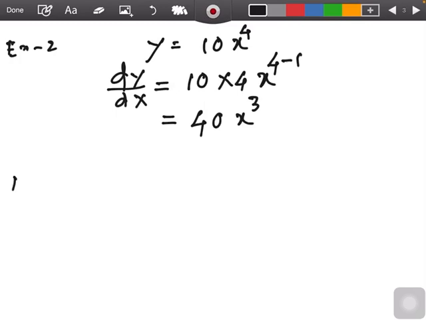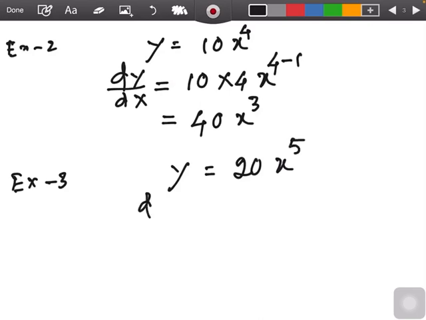One more example: y is equal to 20 x to the power 5.